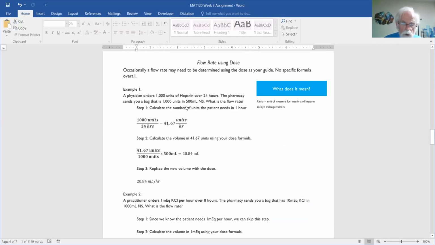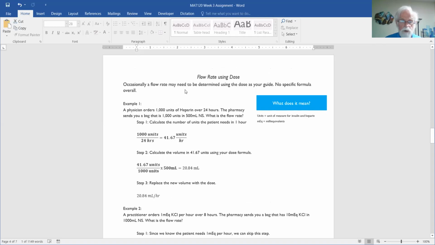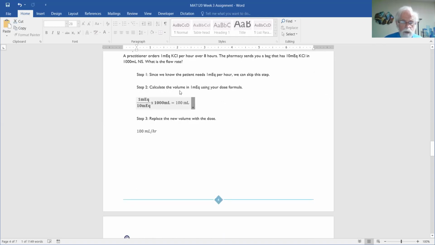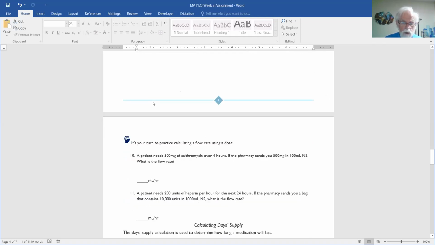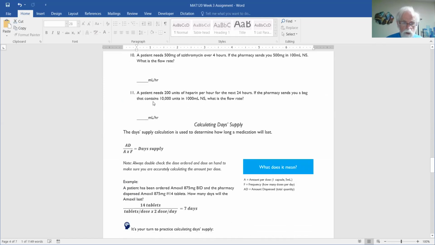Well, we know that we're going to be injecting 500 milliliters over 24 hours, so we can actually calculate using either method. But again, use the method that it is clear you can do.